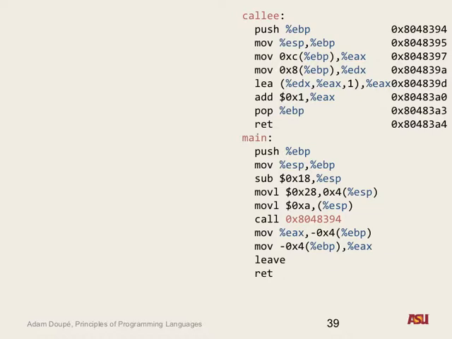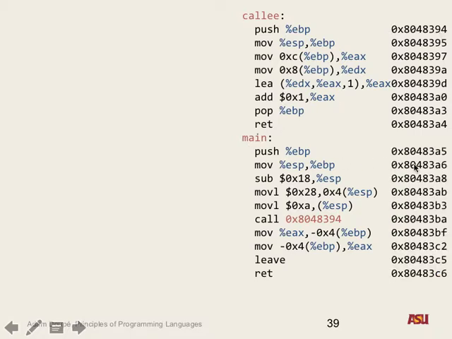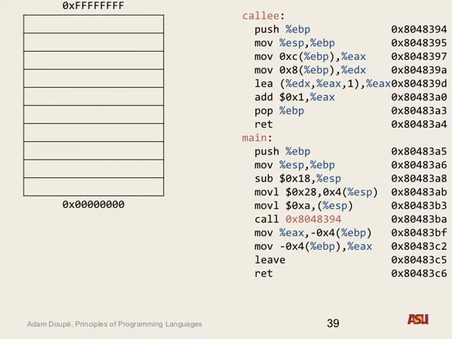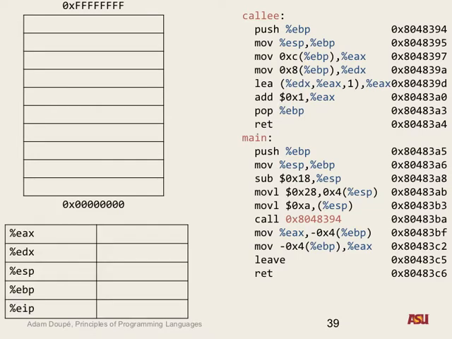When I ran this, it said that call E starts at 804 8394 and main starts at 804 83A5. Let's say before we're executing this, the stack looks like this. We have some registers here, and let's say the top of our stack is at FD2D4.